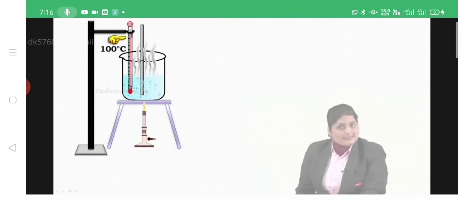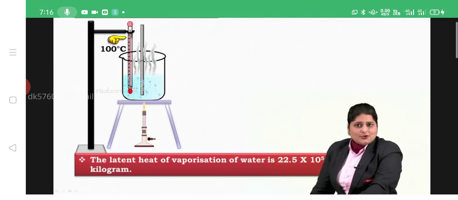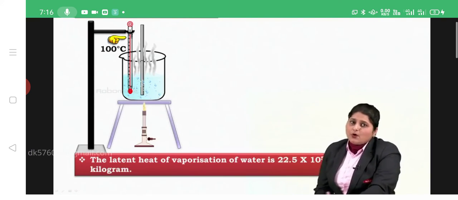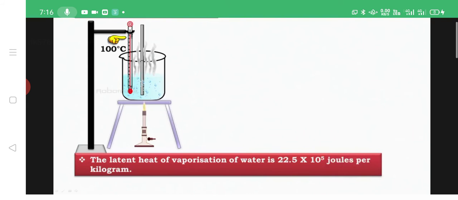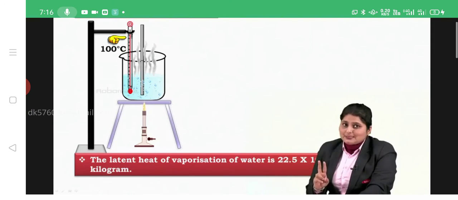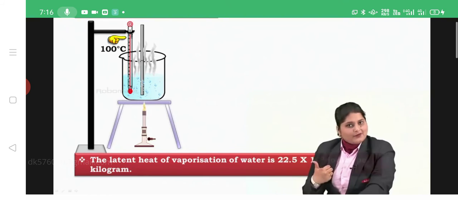That is what latent heat of vaporization means. The latent heat of vaporization of water is 22.5 × 10^5 joule per kilogram. So we have learned two most important concepts in this module, that is latent heat of fusion and latent heat of vaporization.